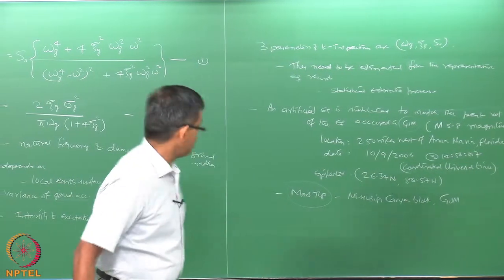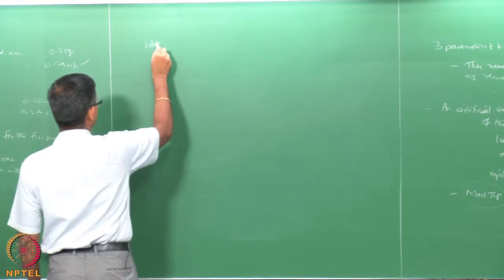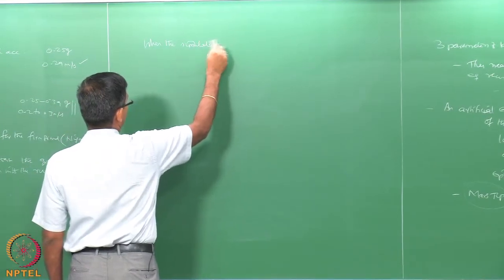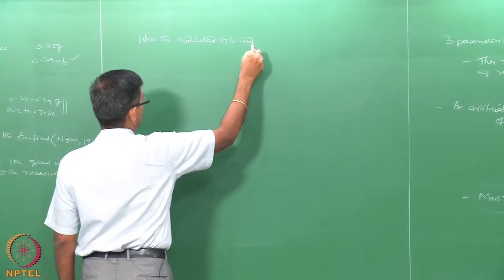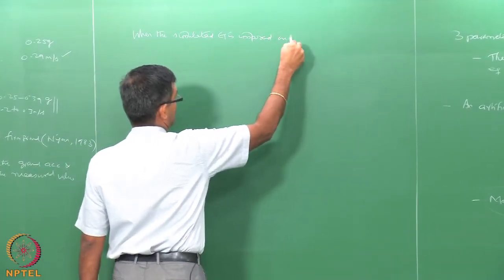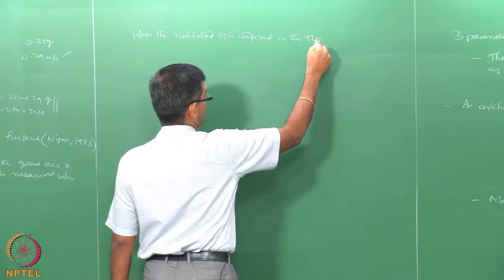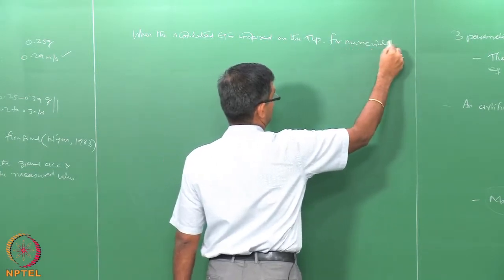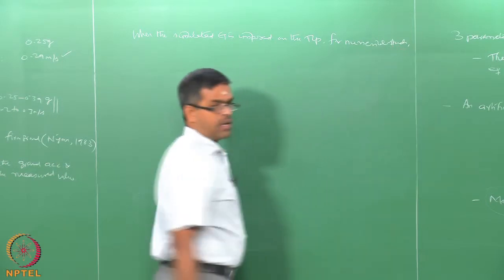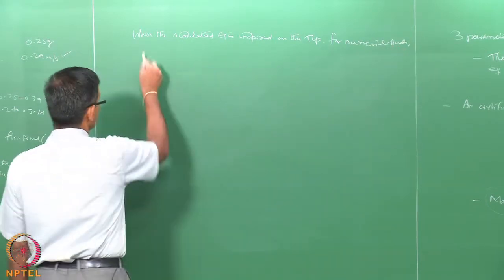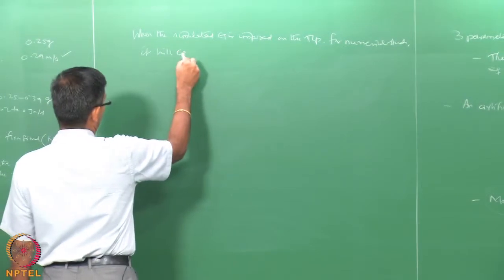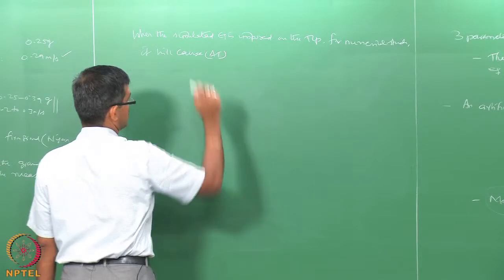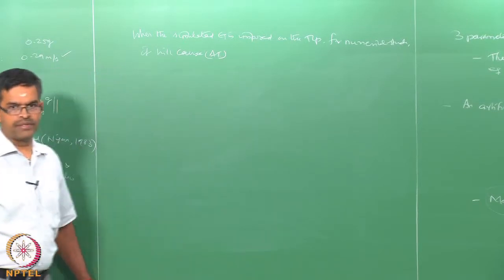Now, as we understand, when the simulated earthquake is imposed on the TLP for numerical study, we now agree that it will cause delta T, that is tether tension variation.